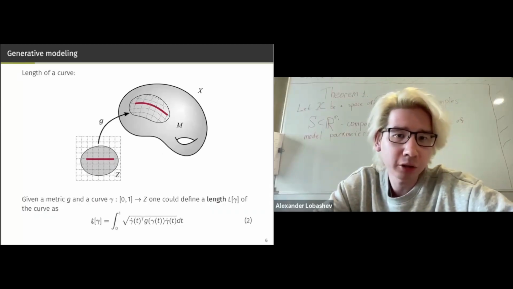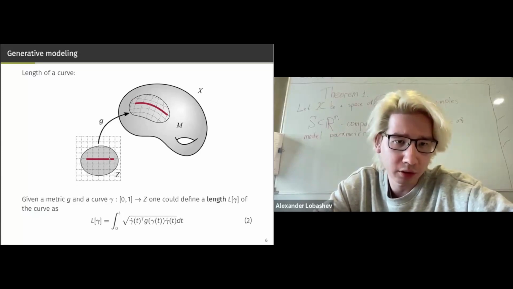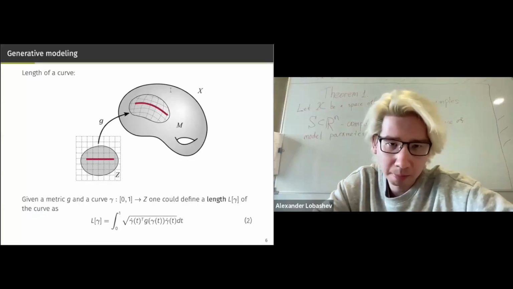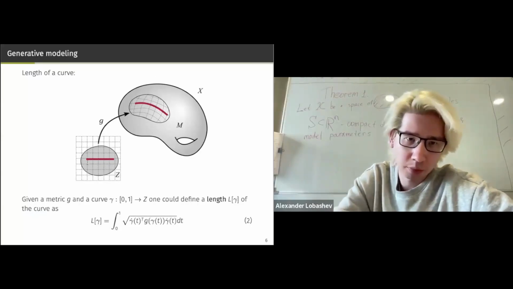And if we have a metric, then for any curve in the latent space, we could introduce its length. If we fix some images and corresponding latents on both ends of this curve, then we could introduce a geodesic curve.